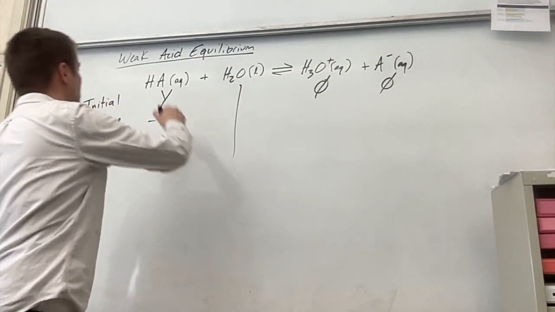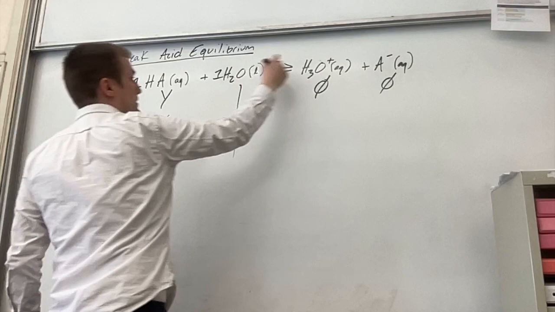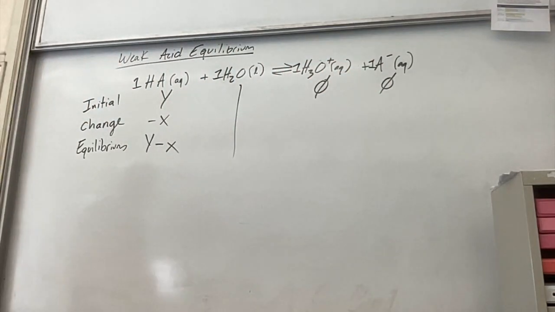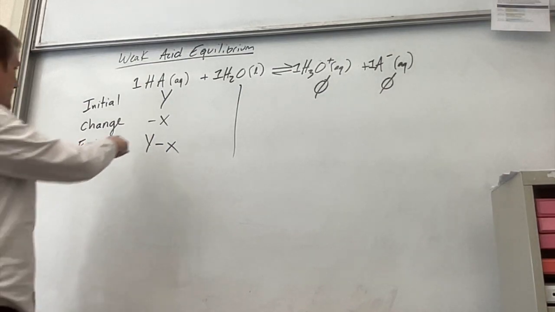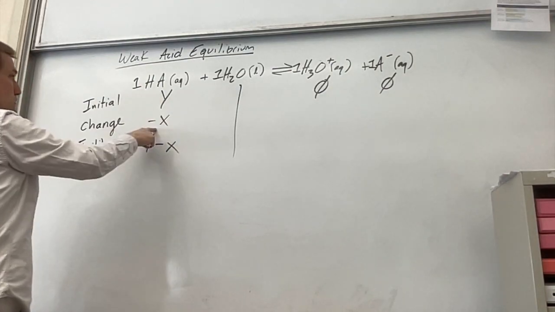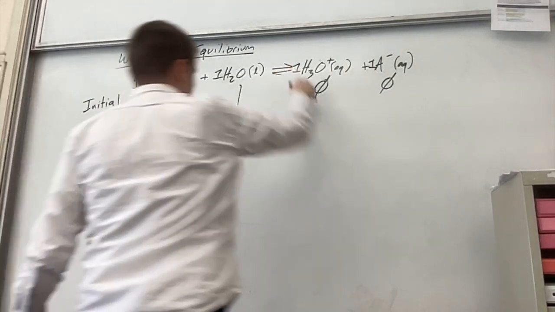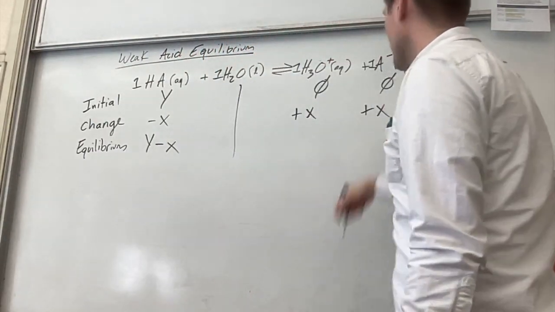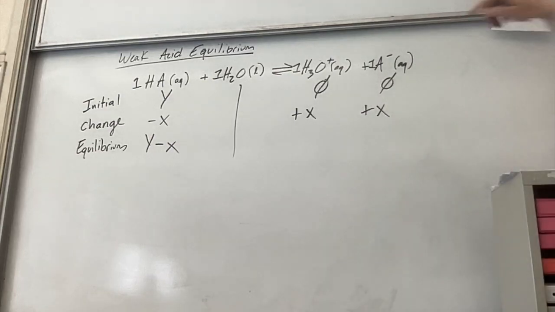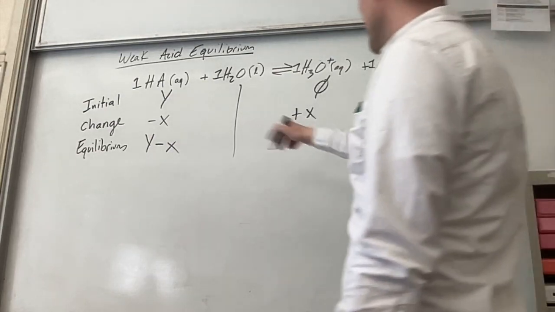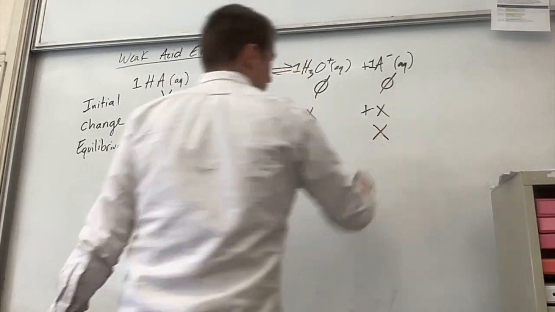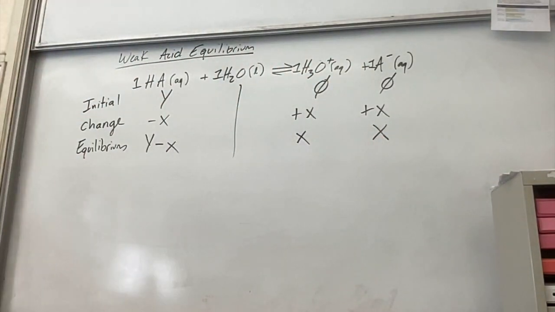And if my stoichiometric coefficients are all 1 in this example, then if the concentration of HA went down by X, then the concentration of my H3O plus went up by X. So did my concentration of A minus, the conjugate base. And so my equilibrium concentration is X and X.